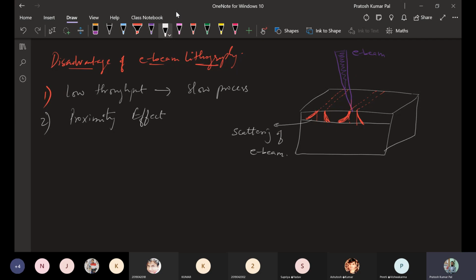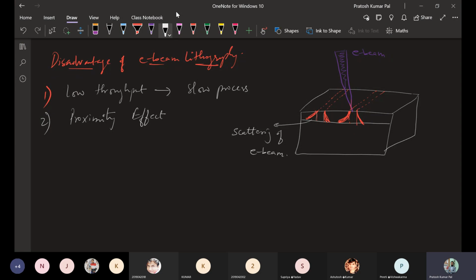That was the regular area that we needed to expose, but because of scattering of the e-beam, some proximity area of this selected region gets exposed to the e-beam. That is the proximity effect in electron beam lithography.